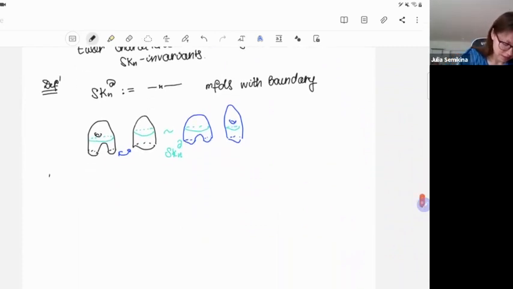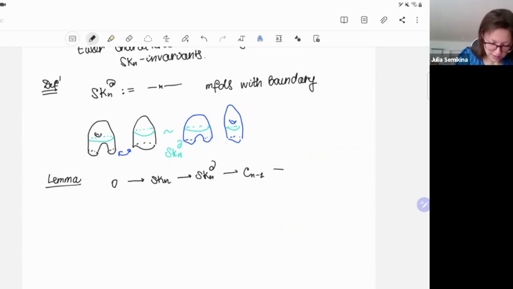So how are these new groups, SK_n boundary, related to the old groups SK_n that are classical? Actually, they just fit into an easy exact sequence.